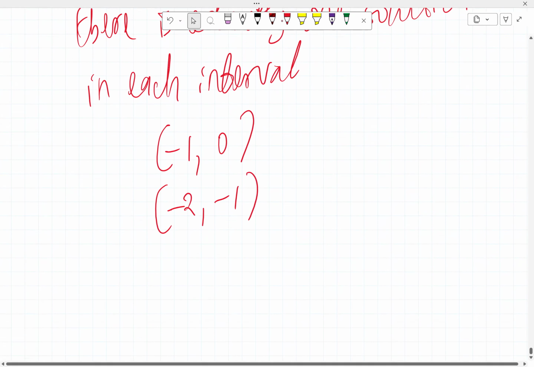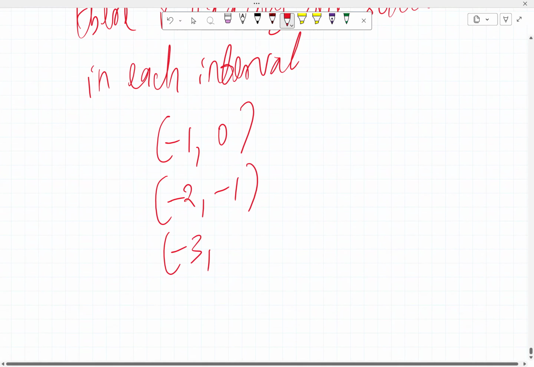There's exactly one solution in the interval -1 to 0, -2 to -1, then -3 to -2, and so on.